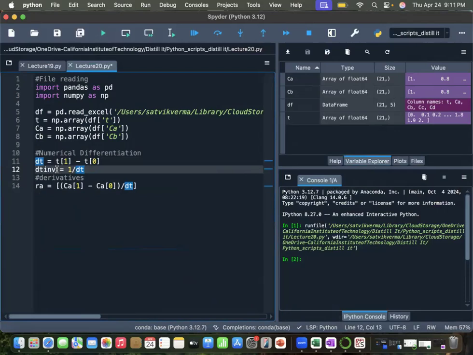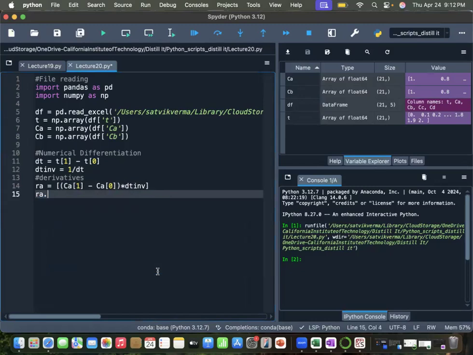This performs the division operation only once, and then you can multiply by dt inverse everywhere. So it performs fewer division operations, and your code will be a lot more efficient, right? So this is the first entry of the rate array.